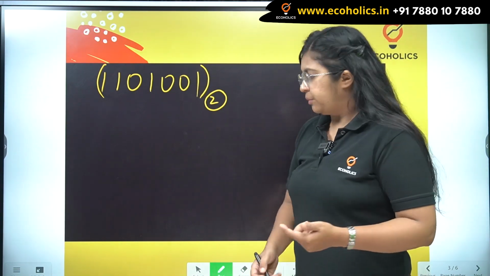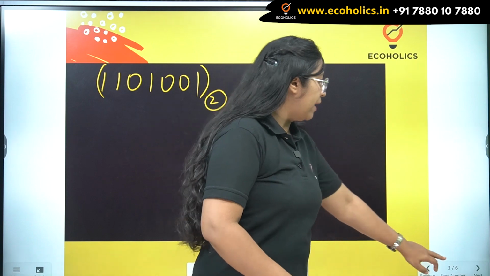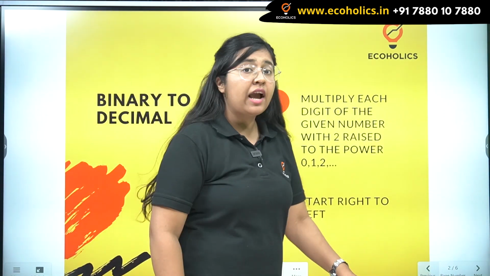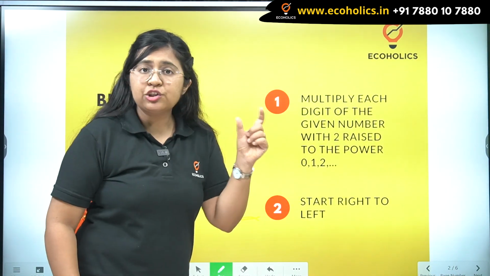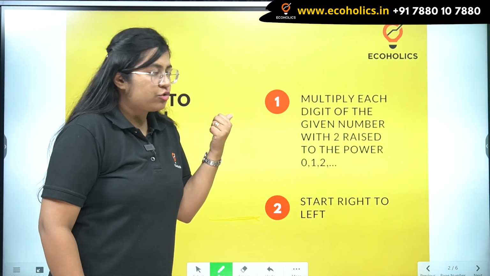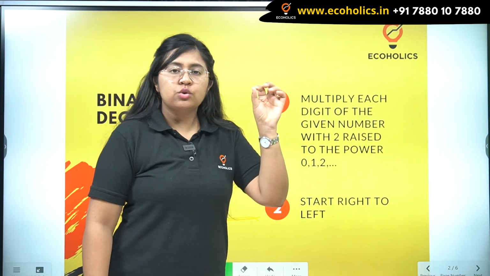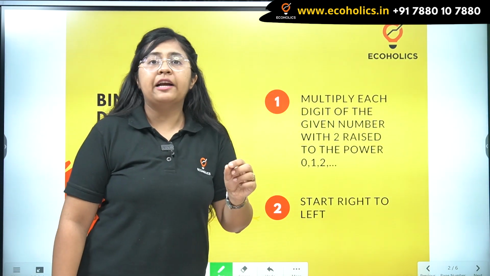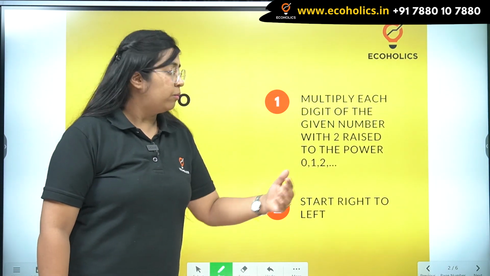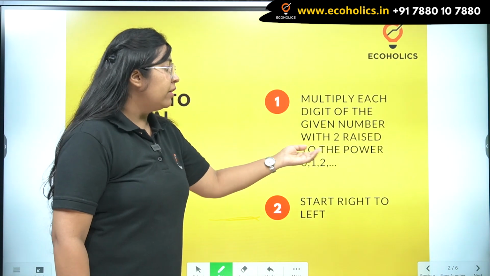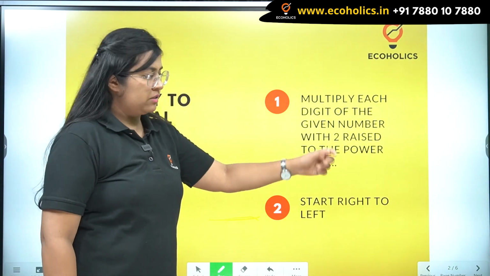Now, how do you convert? In the previous format, we were told that we have to multiply each digit of the given number with 2, but with 2 raised to the power 0, 1, 2 like this.